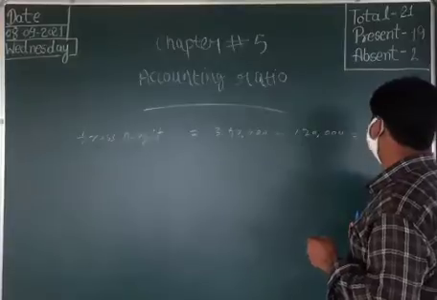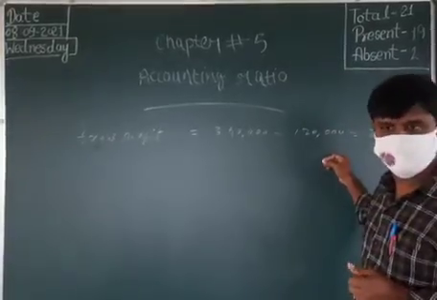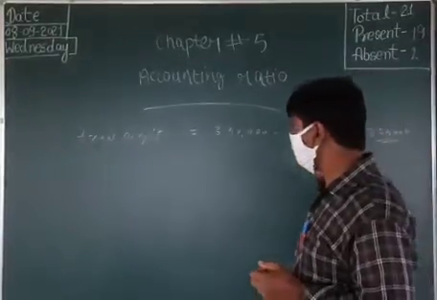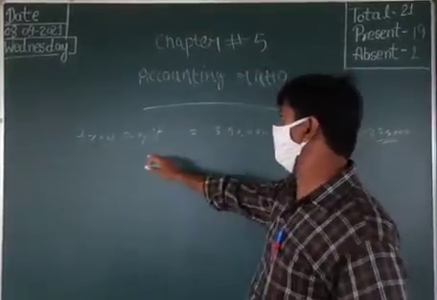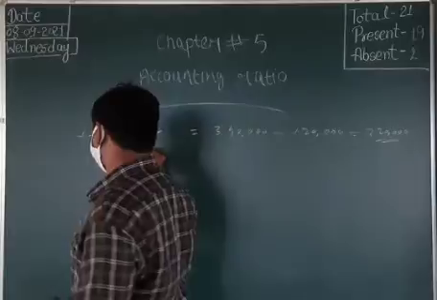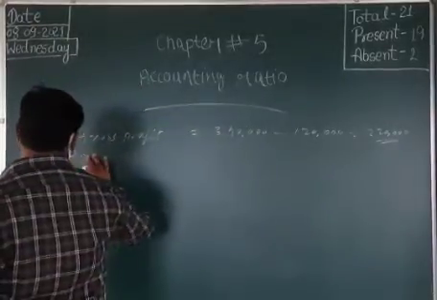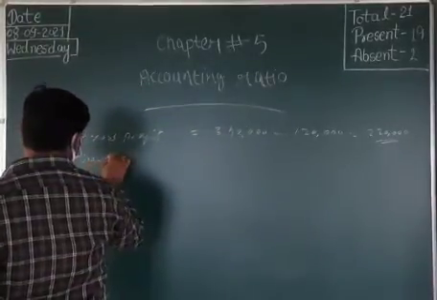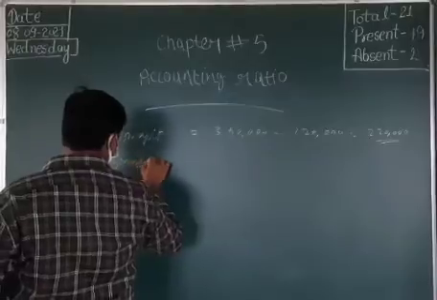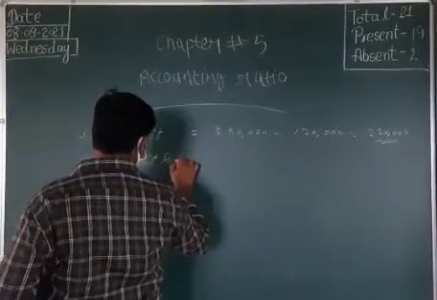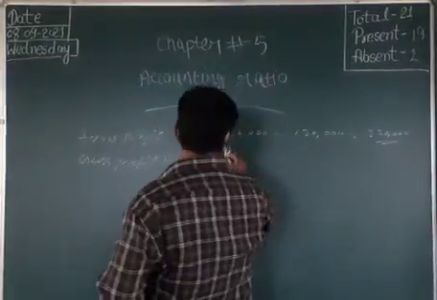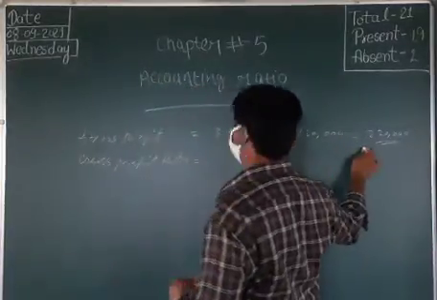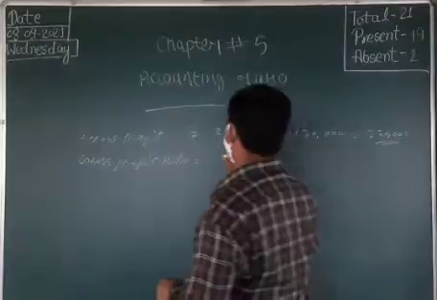We got that as the gross profit. Clear now? Since revenue from operation is already given, we can directly find the gross profit. So here we got the gross profit, right?